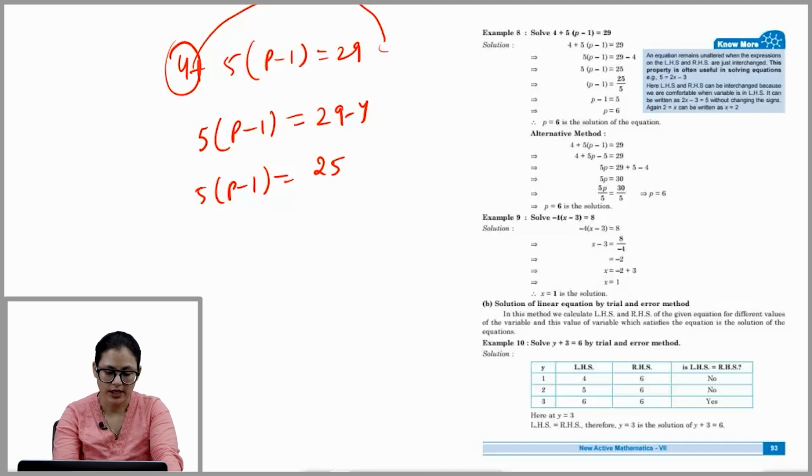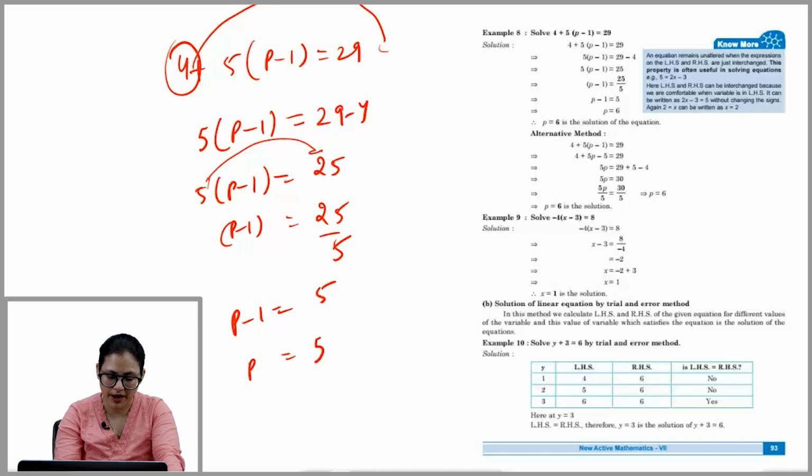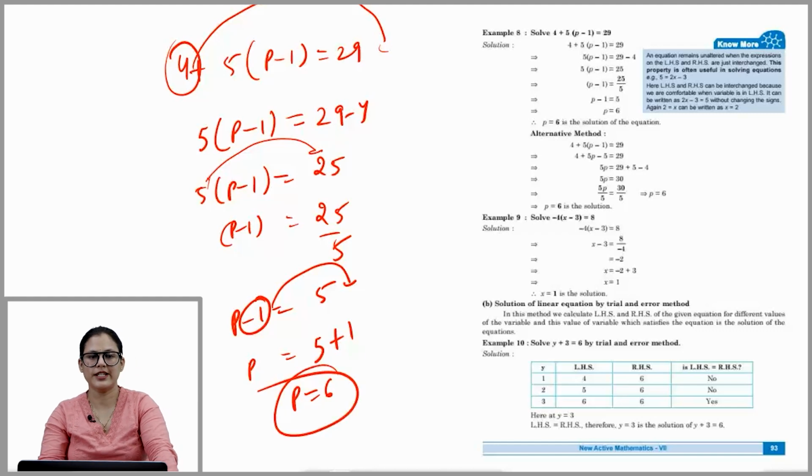Now 5 is multiplied here, so we will transpose it to the RHS, so it will be divided. So p minus 1 is equal to 5. Now p is equal to 5 plus 1. We will transpose this to the right hand side, so it will become plus 1. So p is equal to 6, right?